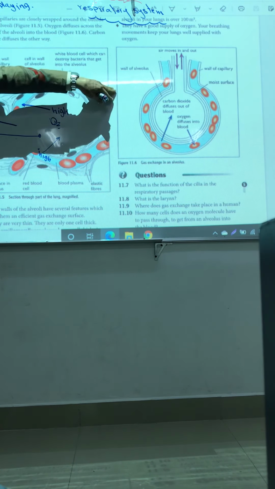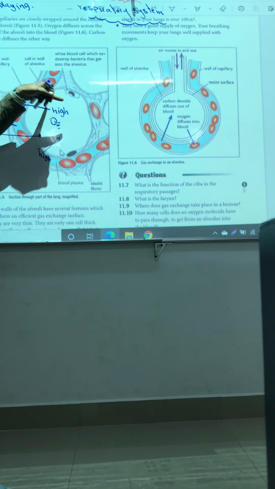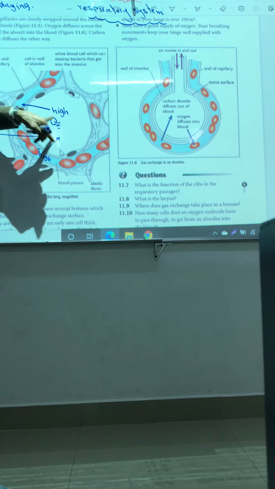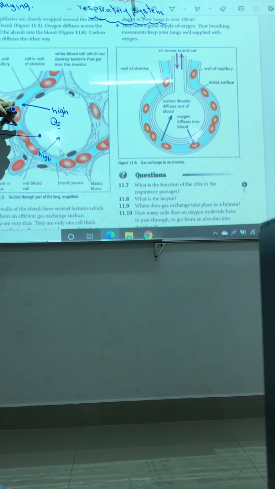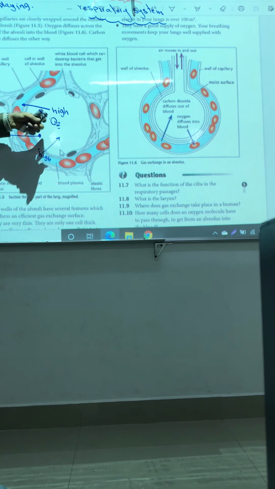This is one part of this class. The first is to identify the structure of the respiratory system. Again, you should distinguish between the alveoli and the pulmonary system, or you can say the pulmonary artery that comes from the heart. The question is, what are the differences between the concentrations of O2 and CO2? Inside the alveoli, inside the lungs, there is a high concentration of oxygen.